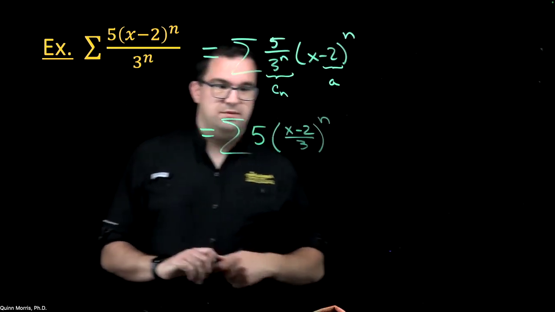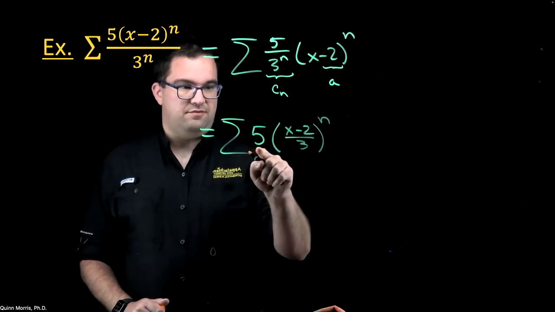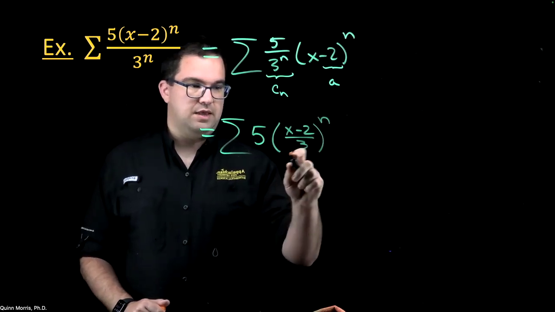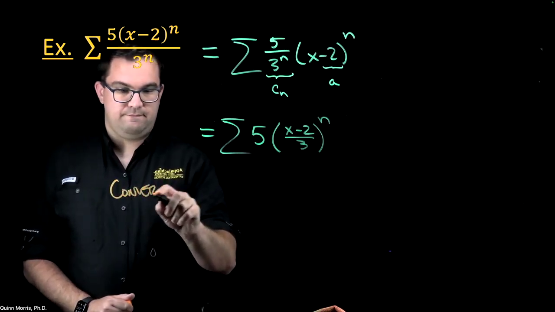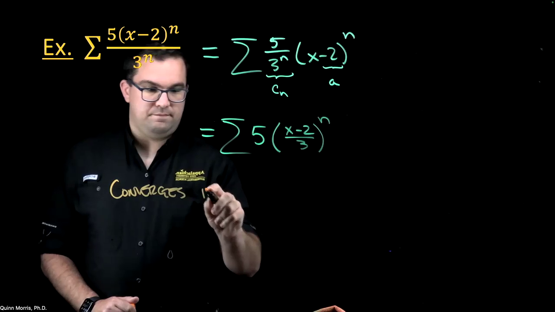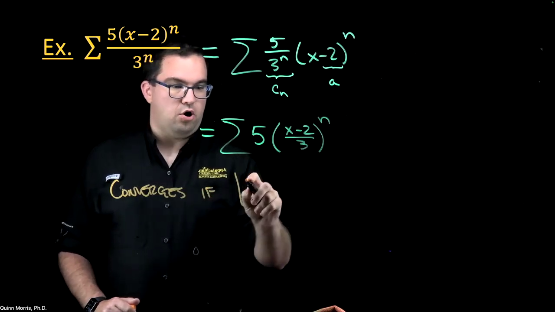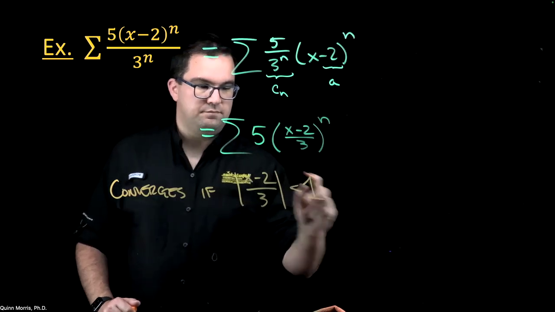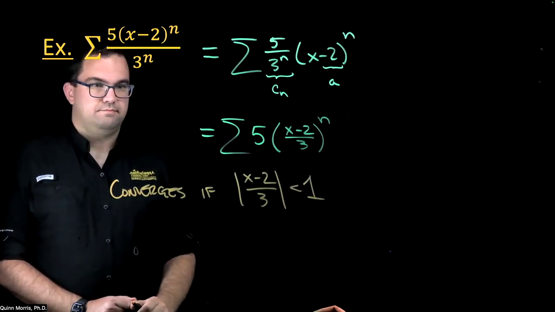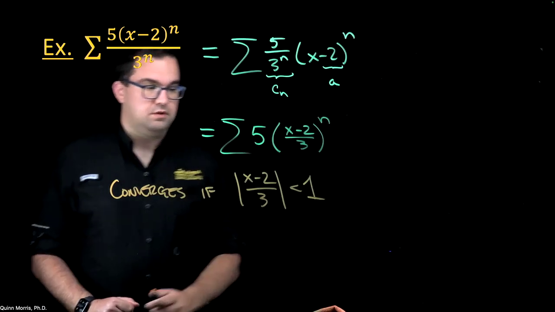Since this is a geometric series, I have a times r to the n, and I know that this will converge if my r, in absolute value, is strictly less than 1, and will diverge otherwise.